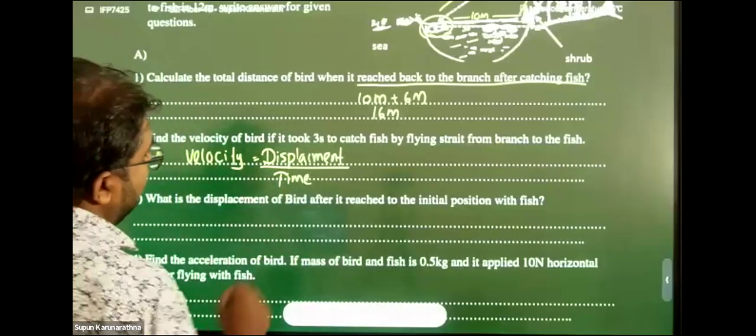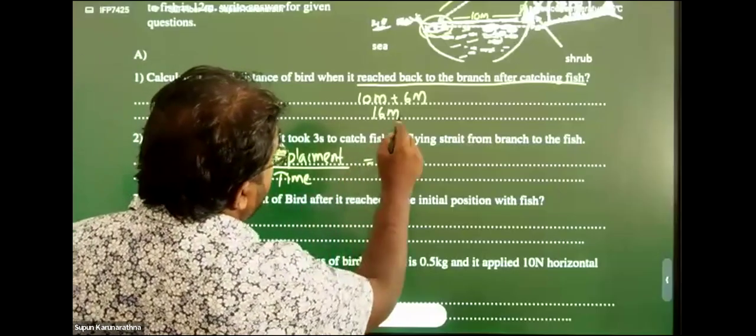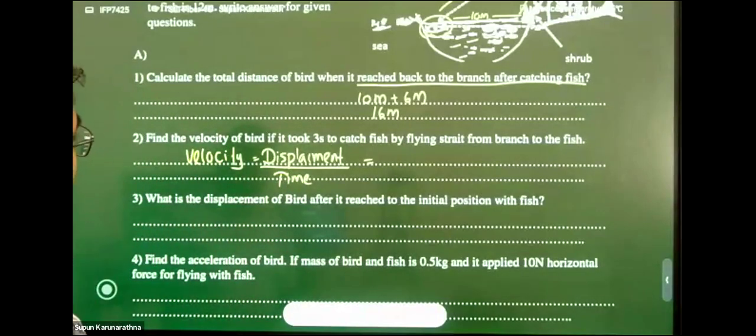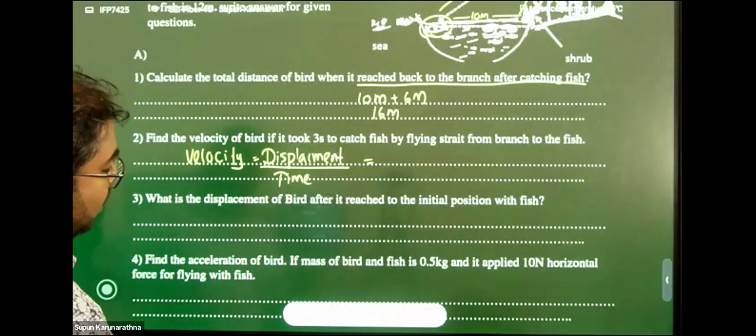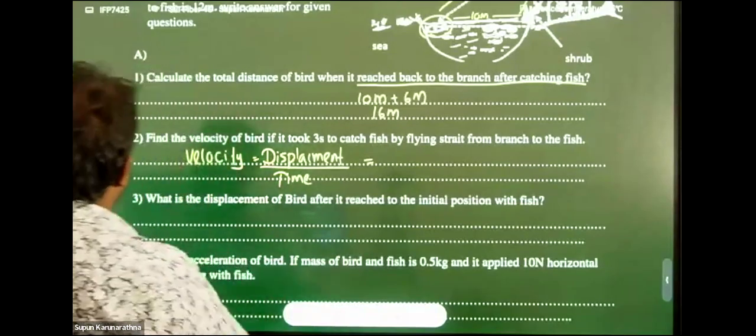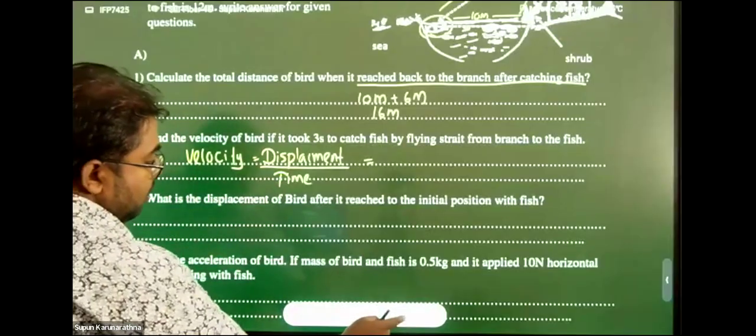What is the displacement? Find the velocity of the bird over 3 seconds. What do we call the displacement? Displacement is the shortest distance between the 2 points.